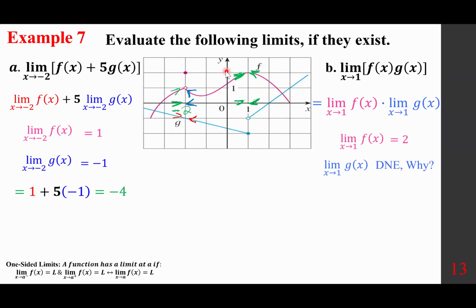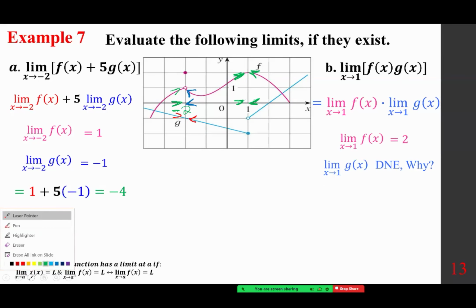And let's see why. If we are coming from the left, we are moving this way. And we are going towards this point, and this point has a y coordinate -2.